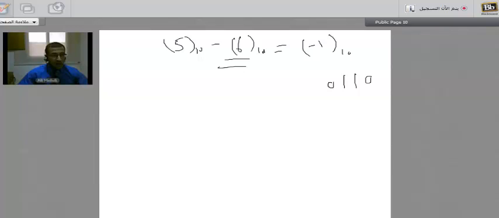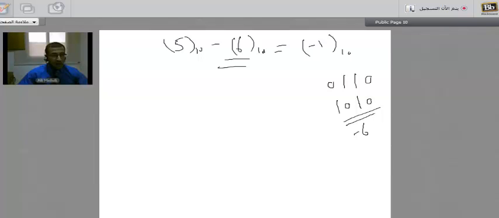Some of you did get it right. As we said, we look for the first 1. This is not a 1, so bring it down. This is a 1, we bring it down. Whatever is left after, we change it. So we get 0 and we get 1. So this number is minus 6. Sorry, I'm starting to lose my voice.